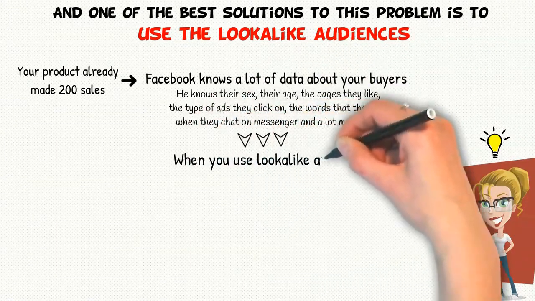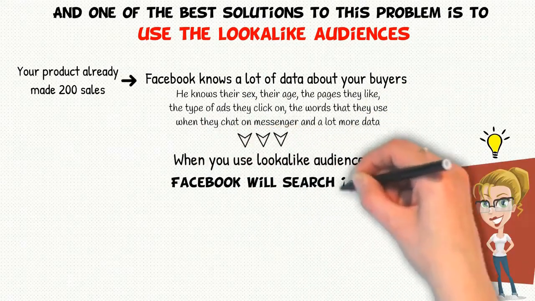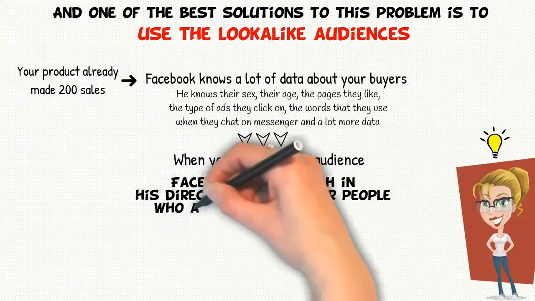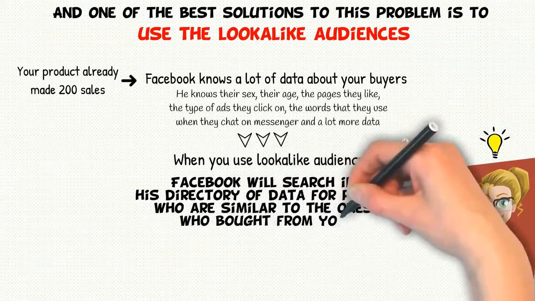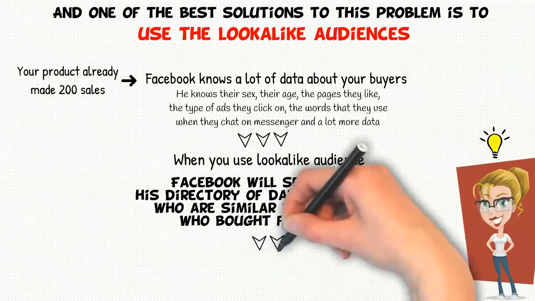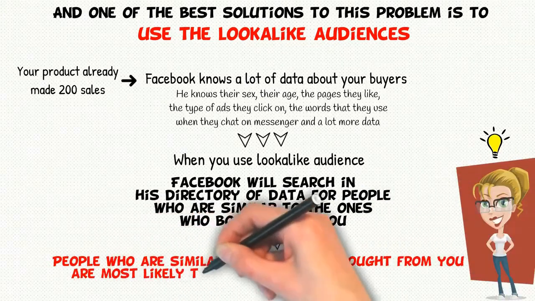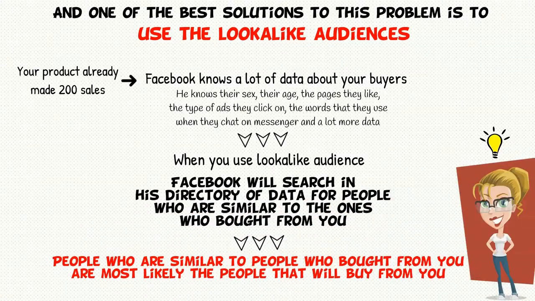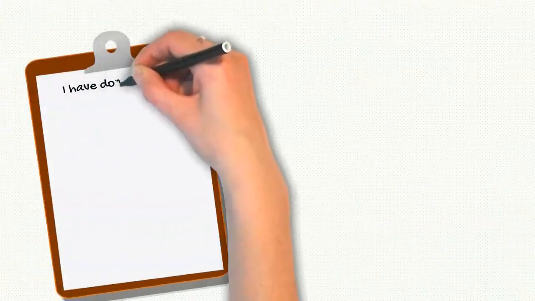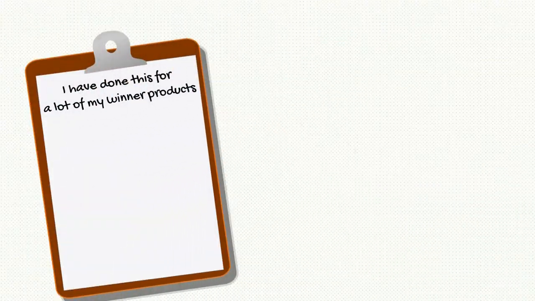When you use the lookalike audience, Facebook will search in his directory of data for people who are similar to the ones who bought from you. People who are similar to the people who bought from you are most likely the people that will buy from you.